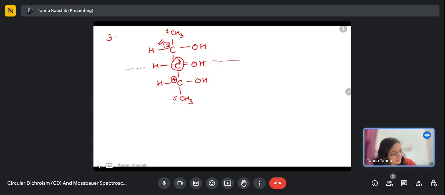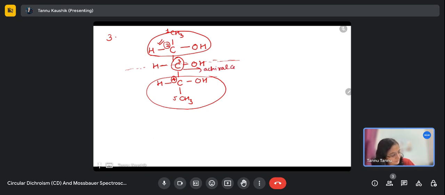So this atom is achiral because these substituents are the same. So this is a chiral center. Second and fourth are chiral, whereas these methyl groups are obviously achiral because they have three similar hydrogen atoms.